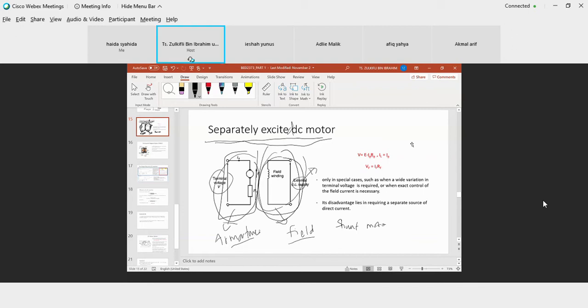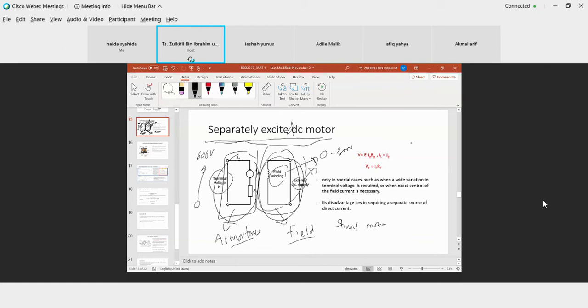So that's why we need to separate the field winding from the terminal voltage. So let's say the terminal voltage you need is from 0 to 600 V, but this field winding is only capable of 0 to 300 volts sahaja. So this one you need to separate.